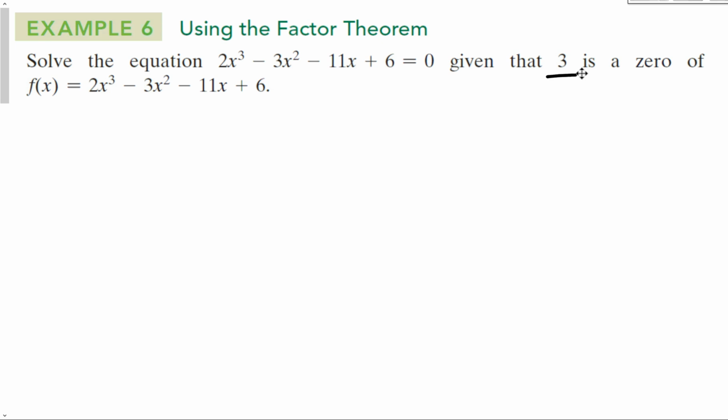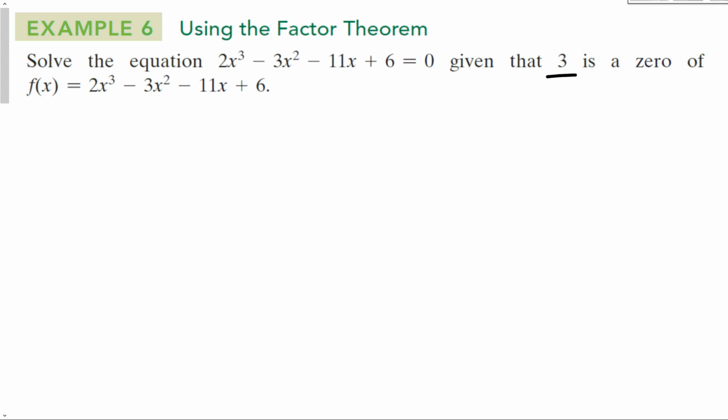If you know that 3 is a 0 of the function, that means f of 3 is equal to 0. That means that x minus 3 is a factor. That means that I can factor out, this is what I was talking about before, the x minus 3 using synthetic division, and then because the degree is going to go down by 1, I can then use quadratic techniques to factor the rest.